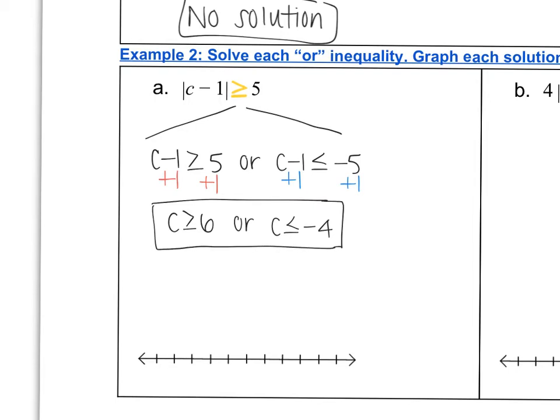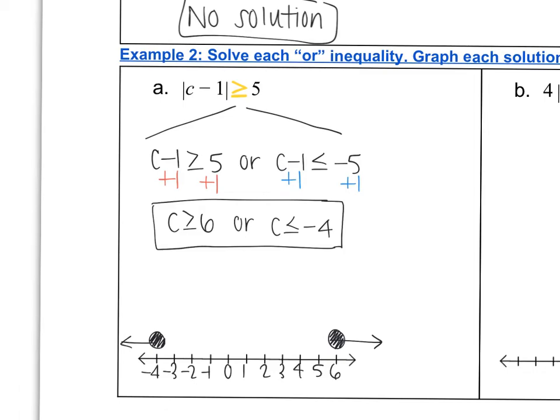I think if we start at negative 4, if we count by ones, we should be able to make it. Let's see. Perfect. So I need greater than or equal to 6, less than or equal to negative 4. The arrows are going outward because it's an OR inequality.